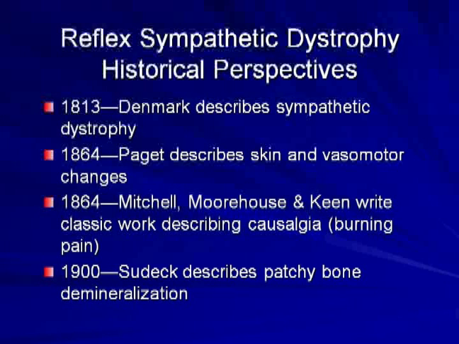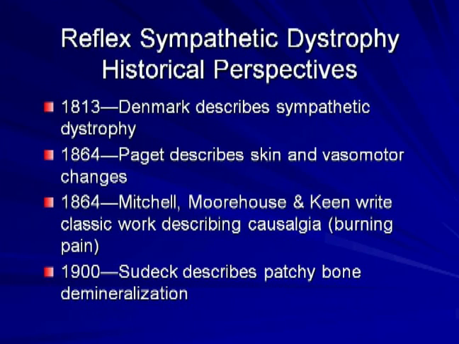And Mitchell, Morehouse, and Keene wrote a treatise which, again, describes clinically in detail the findings and observations of patients who were injured in the battlefield and developed this causalgic syndrome. Causalgia comes from the Greek, meaning burning pain, and that's where the term originated, from this term improvised by Mitchell, Morehouse, and Keene.